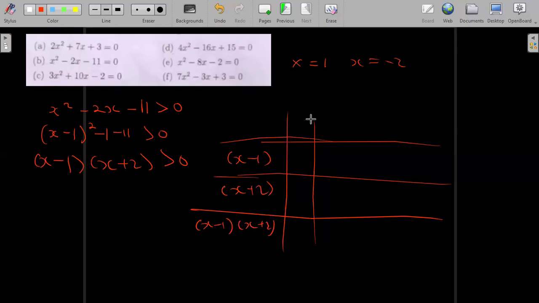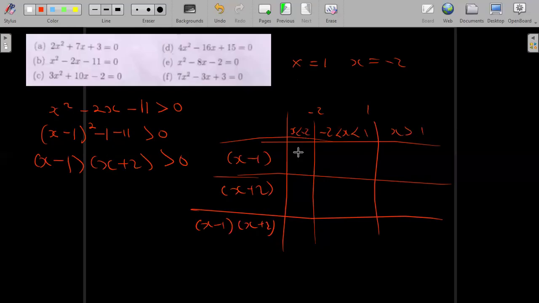Remember -2, then there you have your 1. So here are values of x less than -2, here values of x between -2 and 1, then here x is greater than 1.